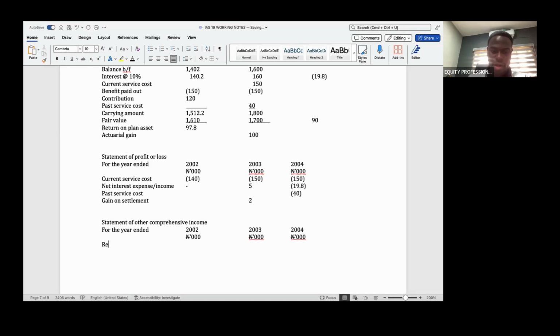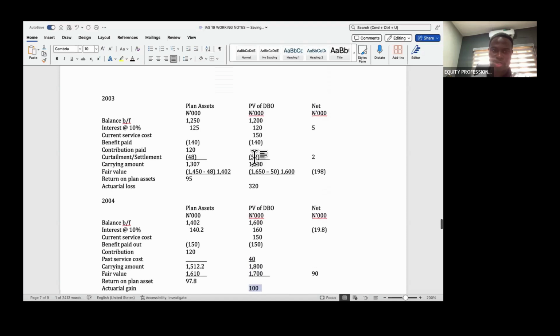So I have return on plan assets. I have actual loss, and I can have actual gain. In 2004, we had a gain of 100.